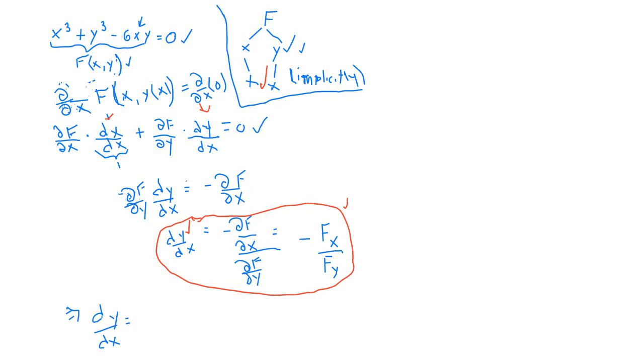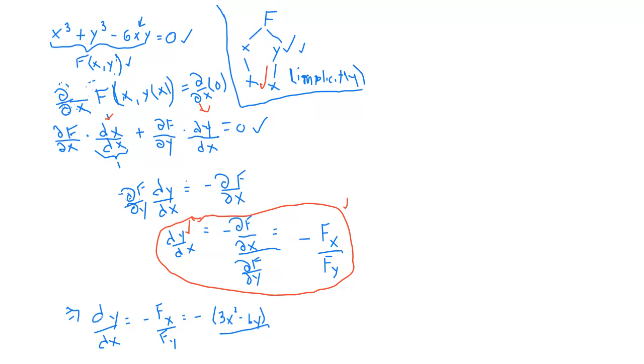All right, so dy/dx is equal to the negative of the ratio of these partial derivatives. And so the partial derivative of big F with respect to x is just 3x squared minus 6y.